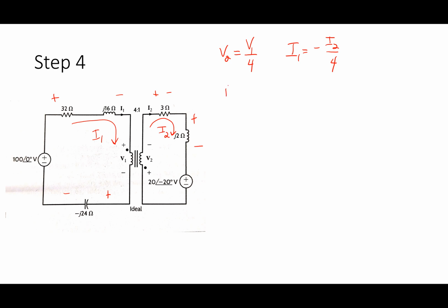So let's do the primary loop. I'm going to start in the bottom corner. I'm going to say 0 equals, then what? How do I write my KVL from there? Negative 100. Now I could say negative 100 angle 0, but I don't have to say angle in this case, because the angle is 0.